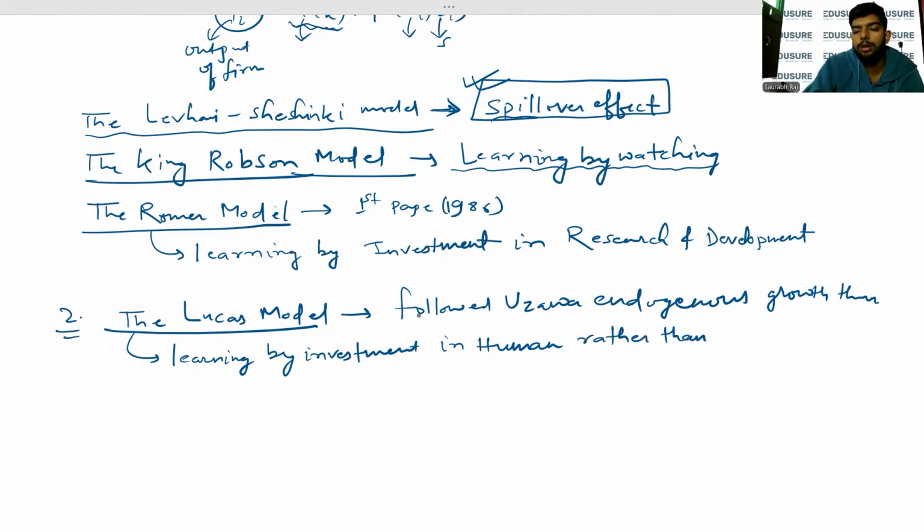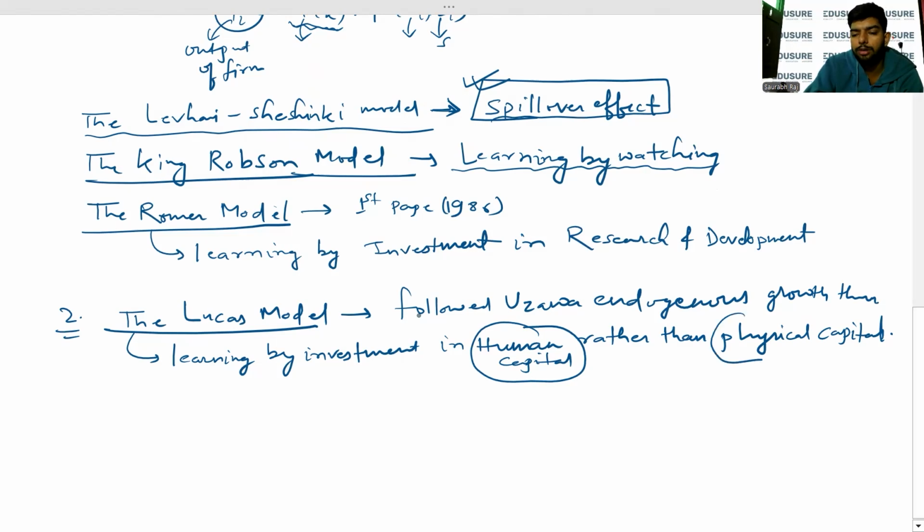This is also similar to what Marx said, that there was a concept of constant capital and the concept of variable capital. So you can say this is similar to Marx's constant and variable capital. Human capital means investing in education and health. These are some of the areas.